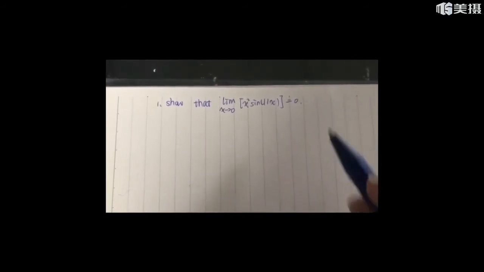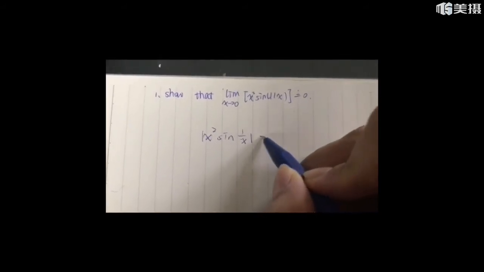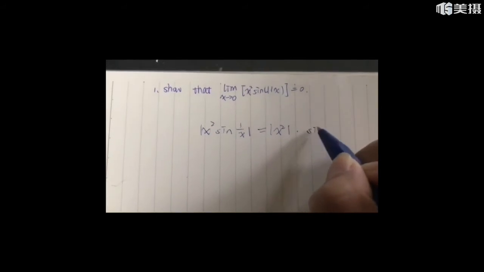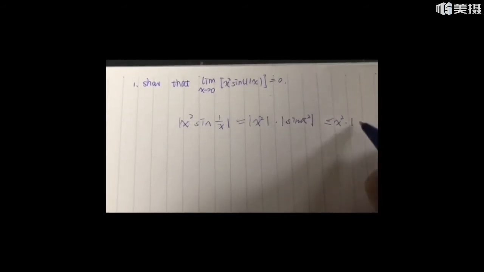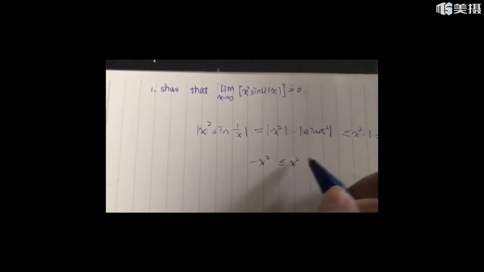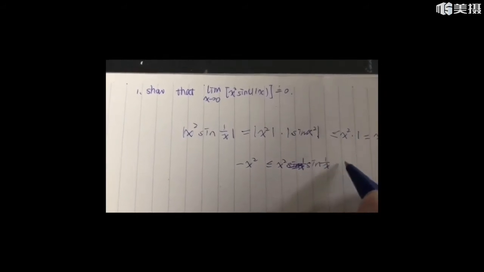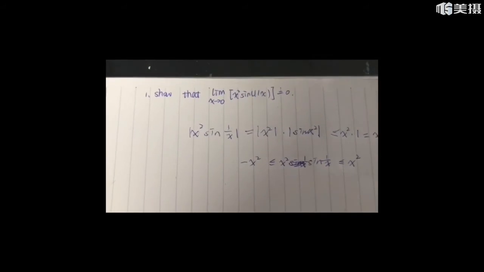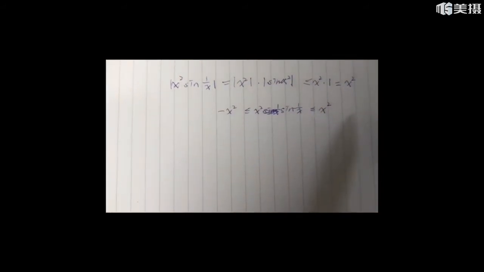So how do we solve this problem? We know that the values of the sine function lie between -1 and 1, so it follows that the bounds approach 0, because when x approaches 0, negative x squared and x squared approach 0.